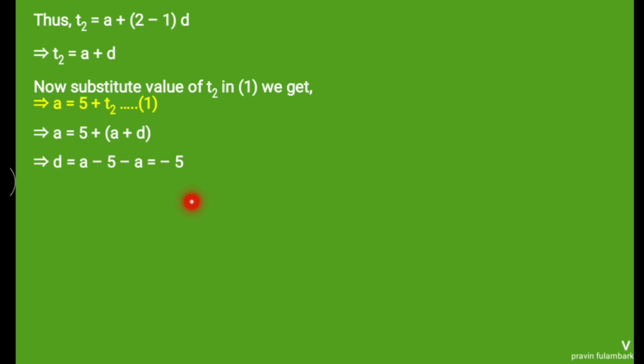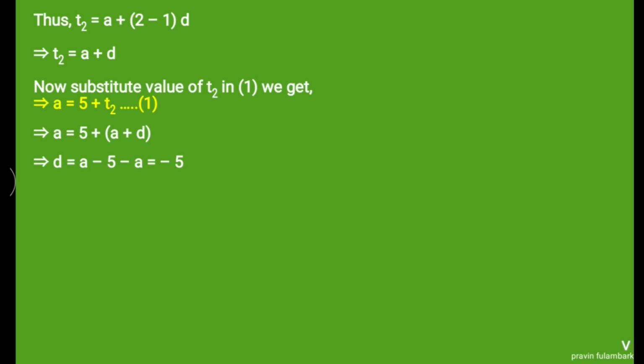So we get d equals minus 5, after transferring 5 and a to the other side. The calculation is simple. Now we have the value of the common difference, that is d equals minus 5.